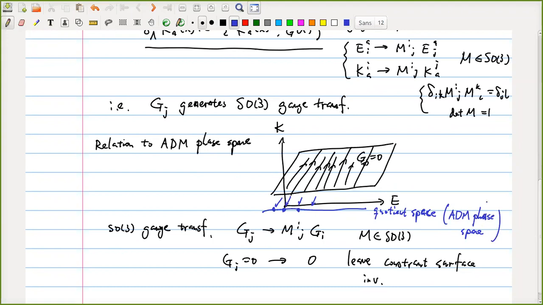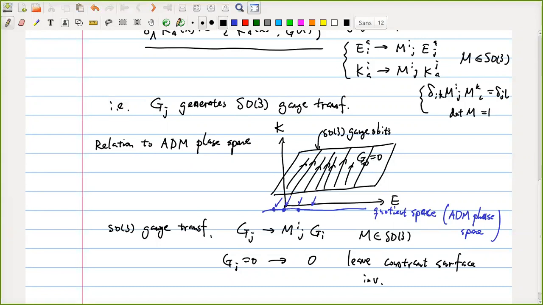Because here you have a constraint surface satisfying the Gauss constraint, and then you take the quotient with respect to the SO(3) gauge orbits.